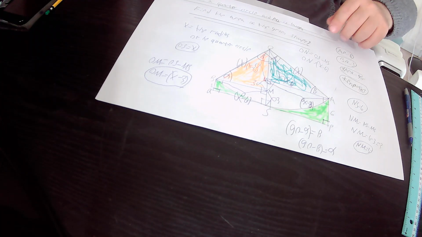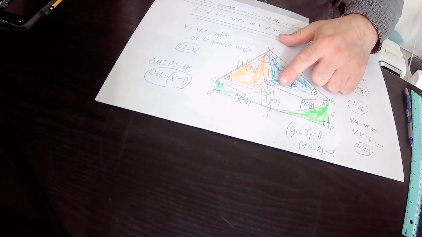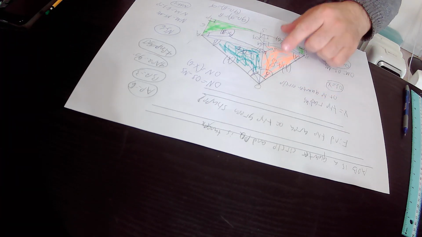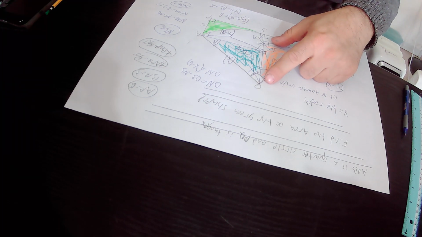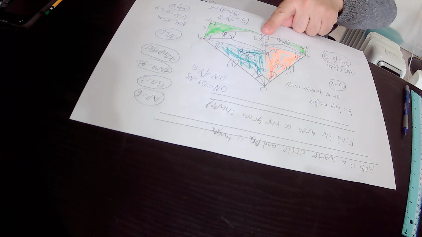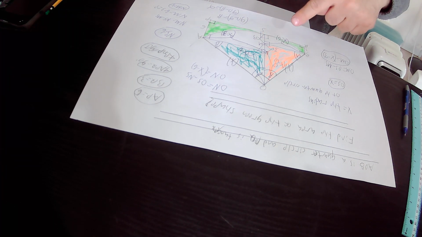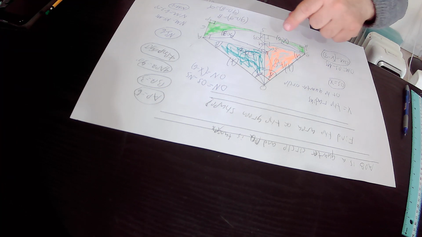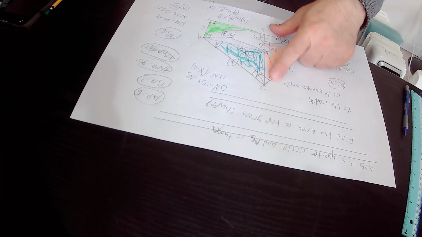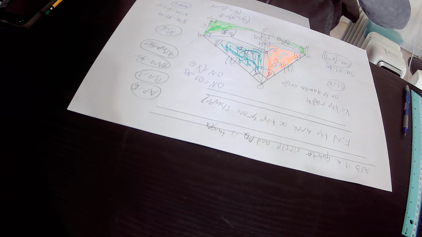And here, what is the length of OM? The length of line segment OM. Here we have MS is 3, and OS is the radius of the circle, that is X. So OS minus MS equals OM.